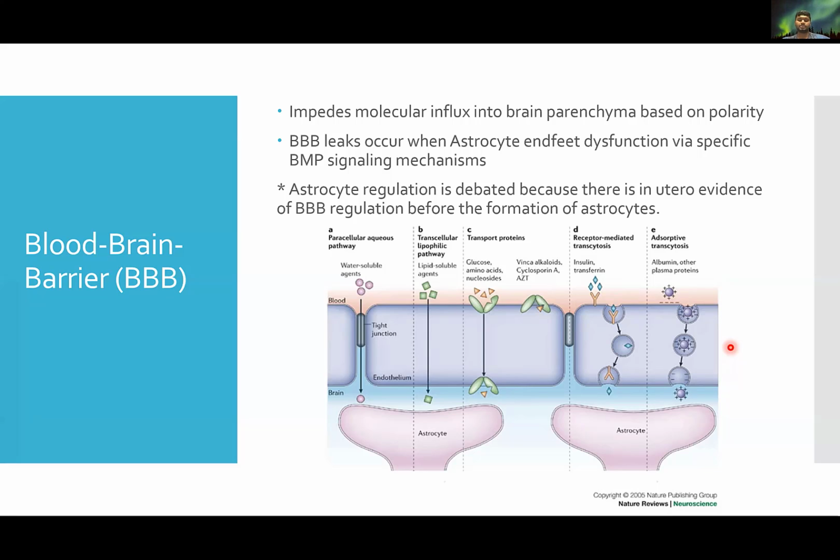So what new evidence has shown is that astrocytes aren't the blood-brain barrier, but they influence it significantly. The blood-brain barrier can function somewhat well without an astrocyte, but the astrocyte releasing certain signaling molecules is able to influence it and gain more glucose if needed, or different molecules like water, through the endothelial tight junctions.